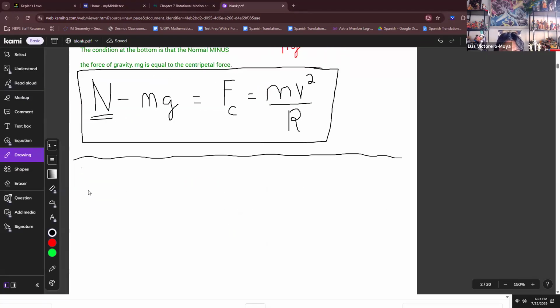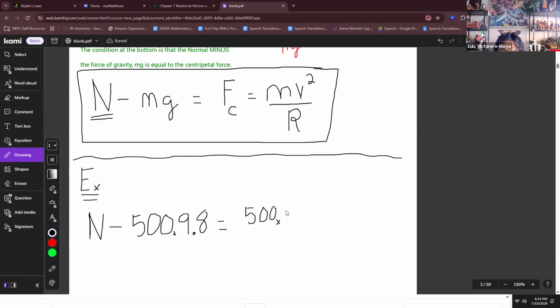So, example. Normal minus the mass is 500. So, 500 times 9.8. That's equal to the centripetal force. Mass.